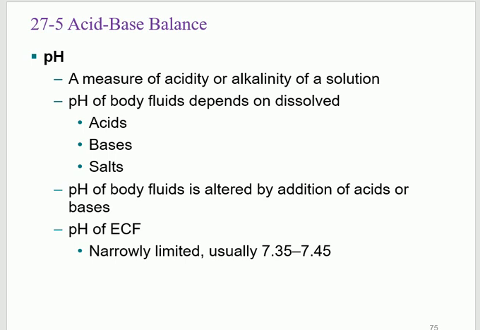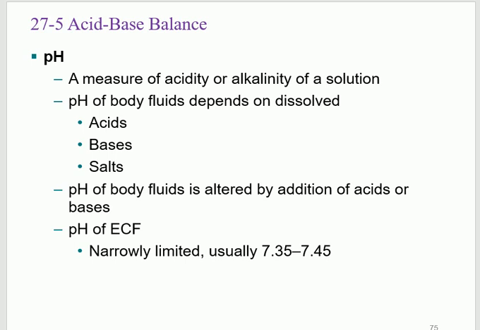Now pH. We know that pH is normally 7.35 to 7.45. It goes up, above 7.45, what do you call it? Alkalosis. And under 7.35, acidosis. What are the controlling factors? I have hydrogen and I have OH, right? Hydrogen and hydroxide, or hydrogen and bicarb.